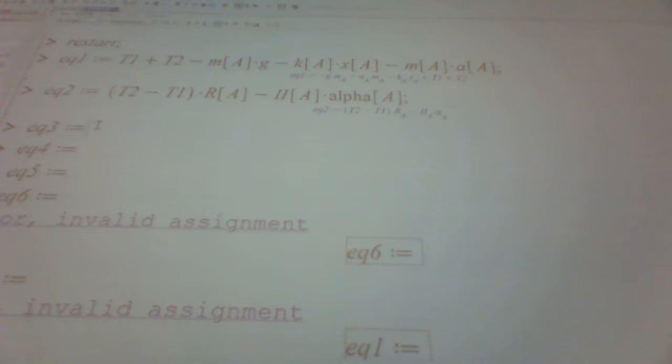Equation 3 will be for pulley B: minus T2 minus T3 minus M_B times g plus K_B times X_B minus M_B times a_B.